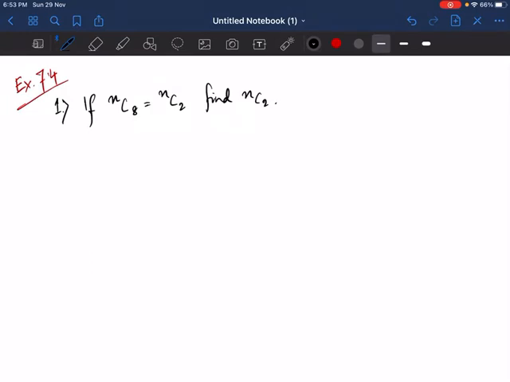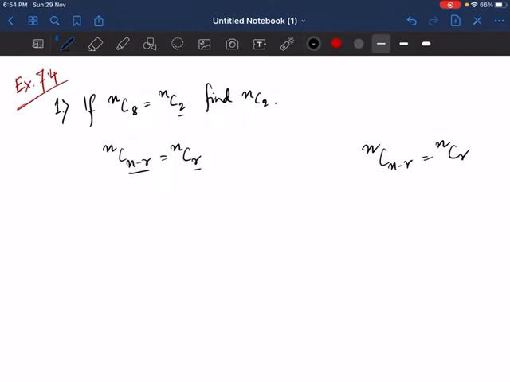Now how can we find n? Look at here, just before this we have studied that nC(n minus r) is equal to nCr. If I compare these two, I see that my r is 2, right? So can I write n minus r is equal to 8?